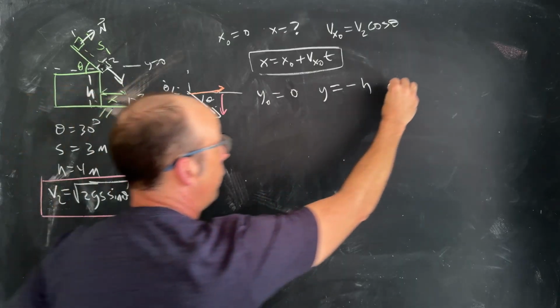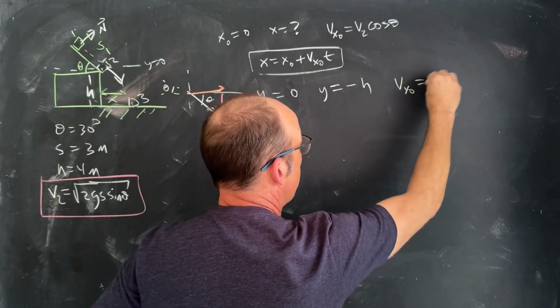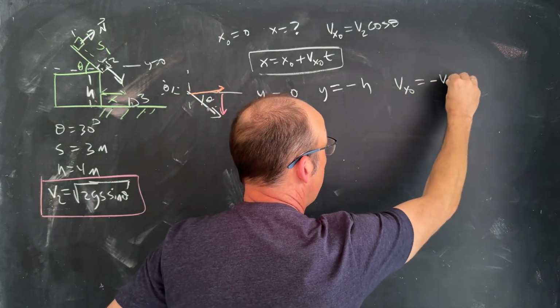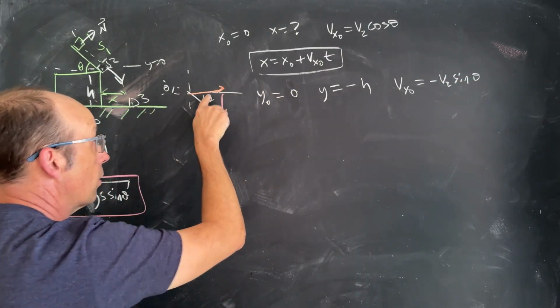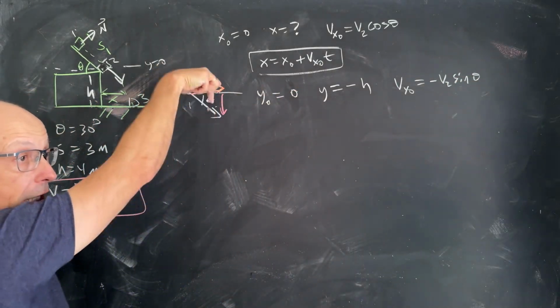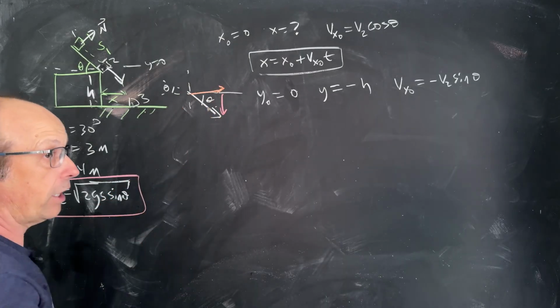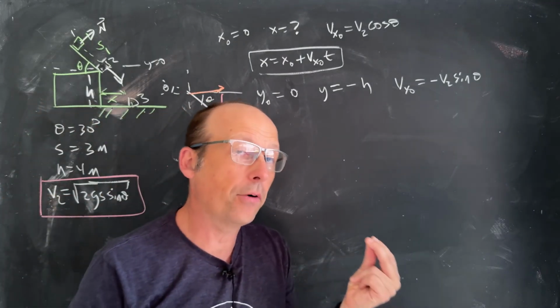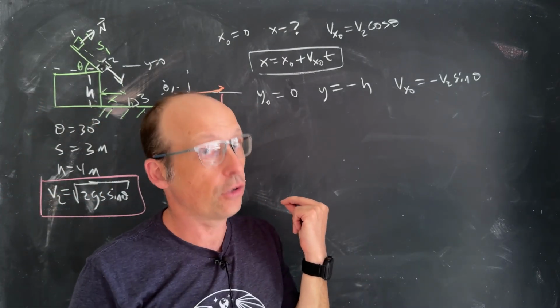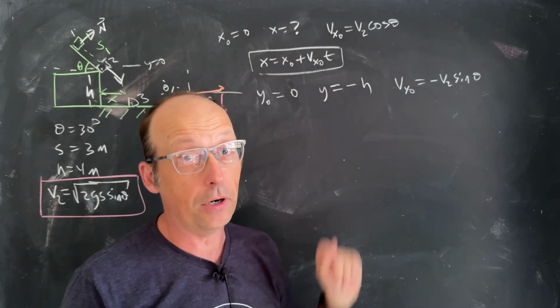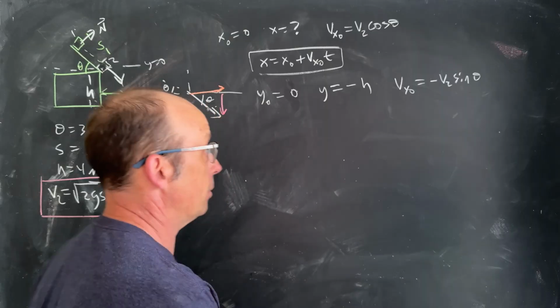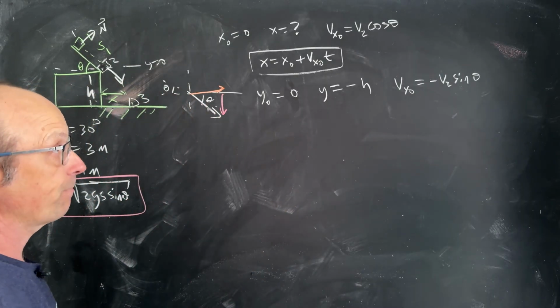My initial y velocity is going to be negative v2 sine theta. So notice over here that we're in the negative y direction. So although I have that right triangle, when you find components of vectors, you need to look at the direction that it's actually going. In this case, it's going down, so the y component has to be negative. It has to be. So I put the negative there.